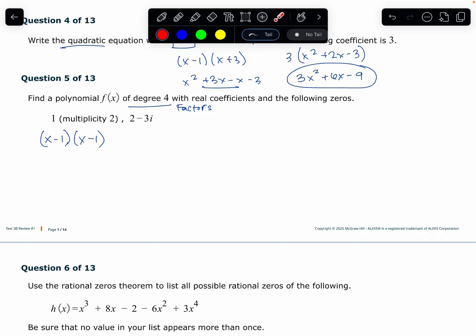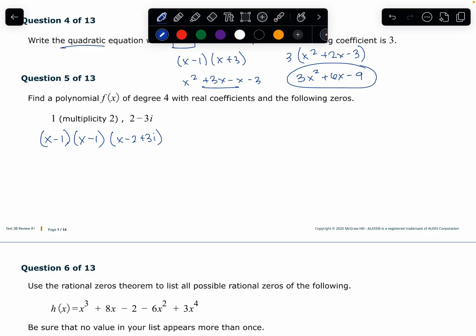Here's another one. So for this factor, I would have to call it x minus 2 plus 3i. Okay, so here's a third factor, but where is the fourth factor? Because they only give us 3 roots, 1, 2, 3. Well, it's known that complex numbers should always come in pairs, and we call them conjugate pairs.